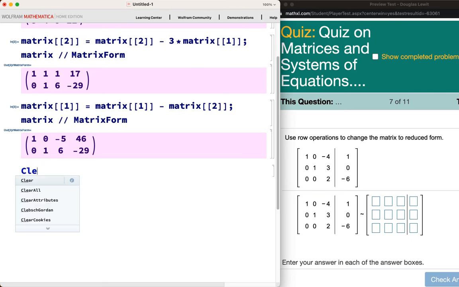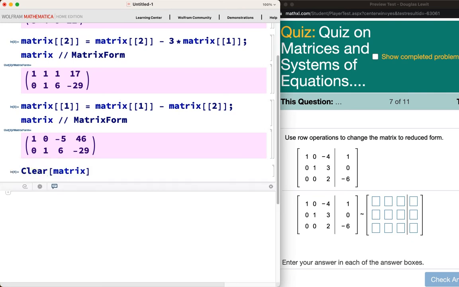Okay, so clear matrix. I have a new matrix now. Matrix is equal to 1, 0, negative 4, 1, 0, 1. Actually, you know what? I'm looking at this matrix. I'm making this problem too difficult.